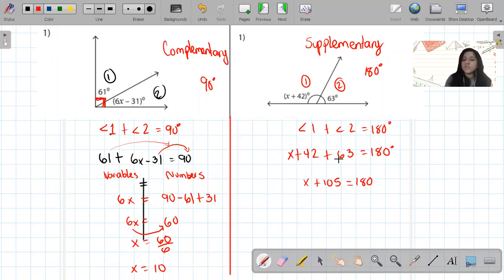So I need to isolate x. That means I need to move 105 to the other side, so x is equal to 180 minus 105, because 105 is positive and on the other side it's negative. So 180 minus 105 is equal to 75, and that will be my answer.